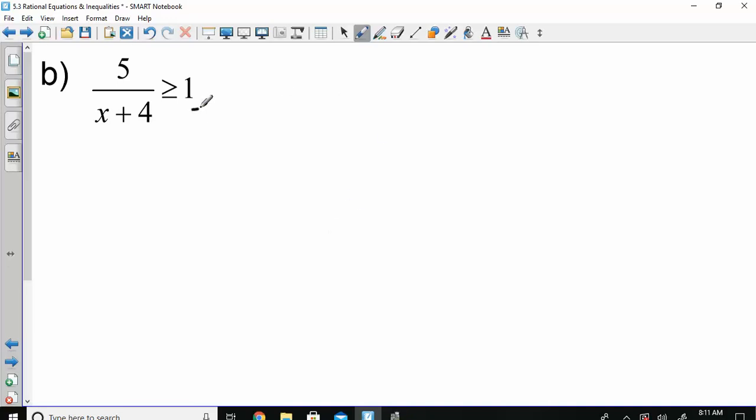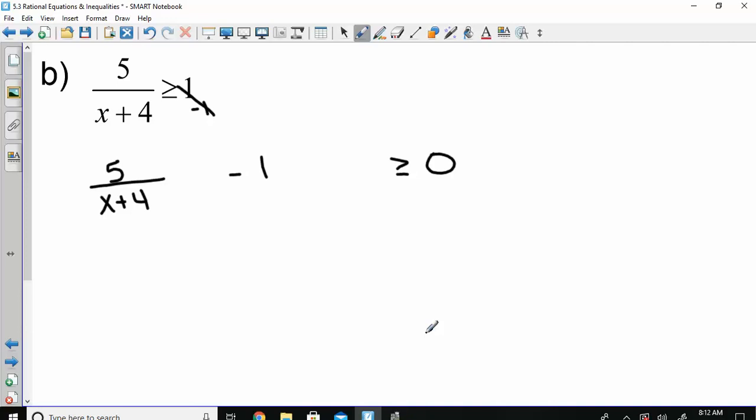We can subtract our 1 over. So you have 5 over x plus 4 minus 1 is greater than or equal to 0. To make it like the last problem, I need the 0 on the right, and then I need one single fraction over here. If you want to add or subtract with fractions, what do you have to have?